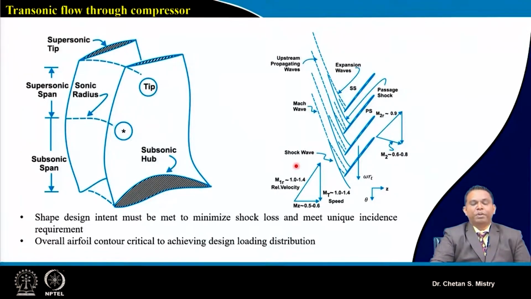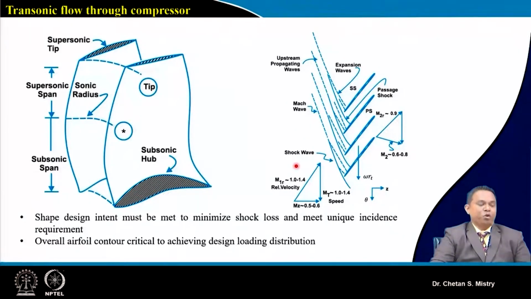Now the shape that needs to be designed is very important. So we will be discussing more in the sense of what needs to be the shape of my leading edge, what needs to be the shape of my aerofoil for a transonic compressor.